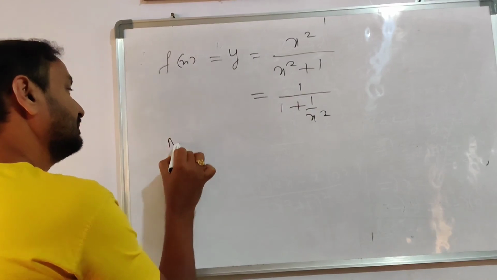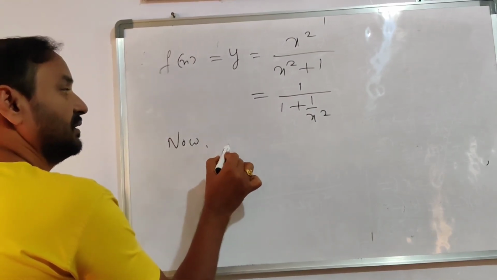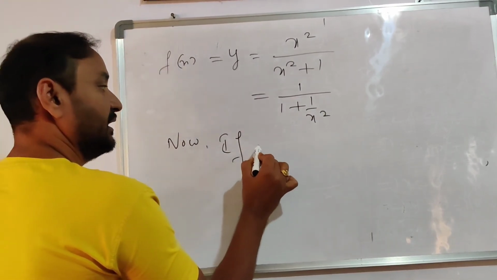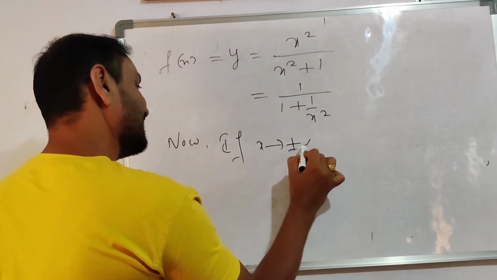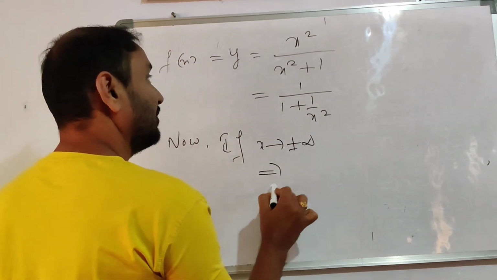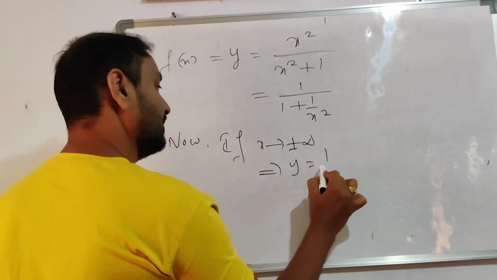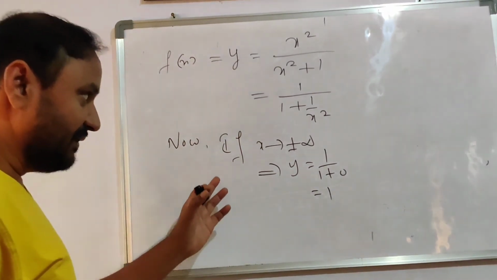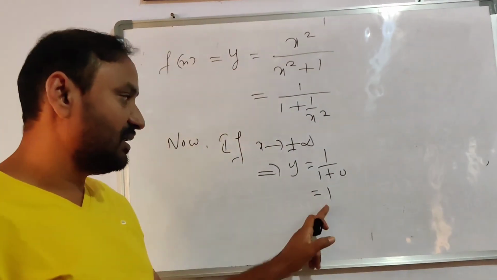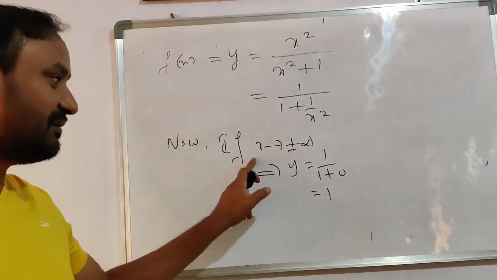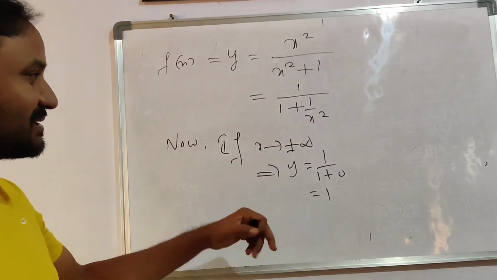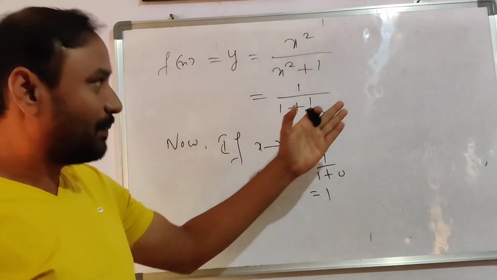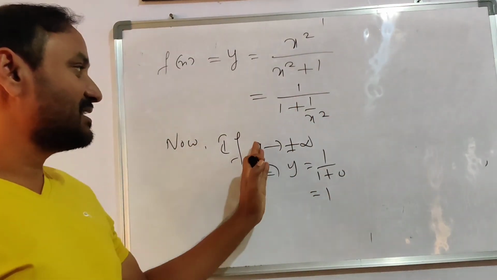Now if x tends to plus or minus infinity, then what is y? Y is equal to 1 by 1 plus 0, that is equal to 1. Here again, when x tends to infinity, y is equal to 1. When x tends to minus infinity, y is also equal to 1. That means the graph is reaching 1 when x tends to plus or minus infinity.